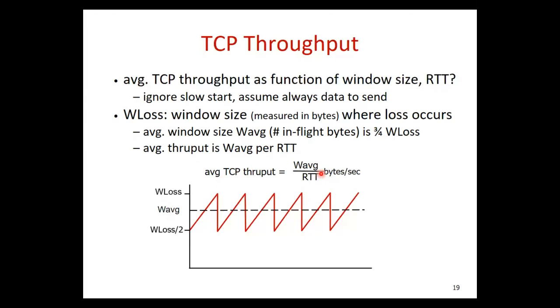So the accurate definition of the throughput is Y divided by X. If you have the information to calculate Y and X, you should use Y divided by X. If the only information you have is average window size and round trip time, then you can use this formula. But this will be an approximation, and this is not the first choice to calculate the throughput.